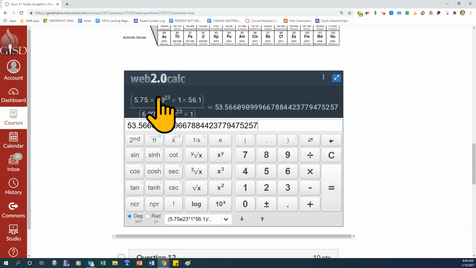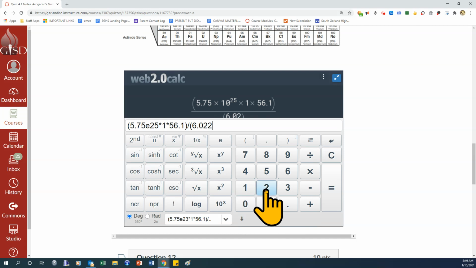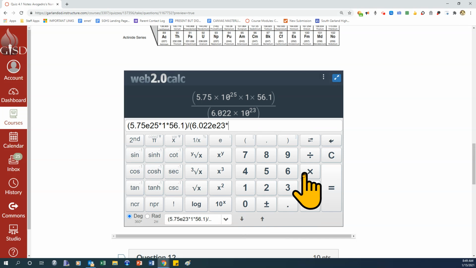Oh, I made a mistake. The top should be 25. How do you edit this thing? You can't edit it. One more time. 5.75 E 25 times 1 times 56.1, close parentheses, divided by 6.022 E23 times 1.